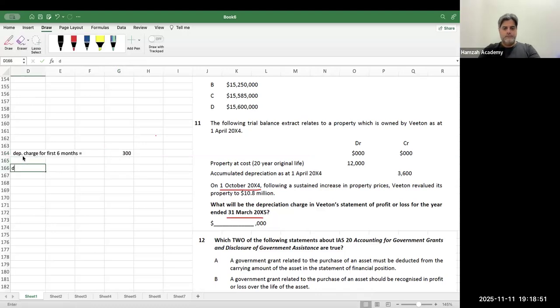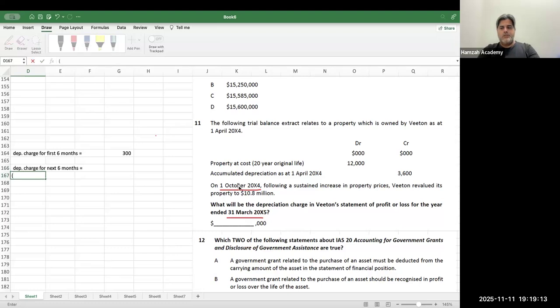And then the depreciation charge for the next 6 months is on the revalued amount. So it has revalued the property to 10.8 million over here.